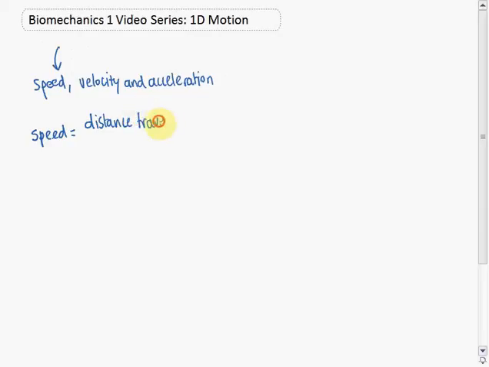So I'm moving from point A to point B, and I'm doing that in a specific time period. So relative to the time that is ultimately elapsed, right? So in a way that I would simplify that is to state that speed is equal to the distance divided by the time.